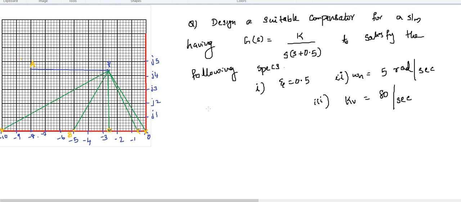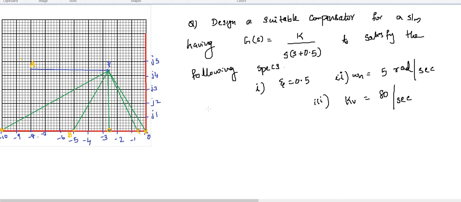Here the problem is to design a suitable compensator for a system having open loop transfer function equal to K divided by s into (s plus 0.5), to satisfy the following specifications.